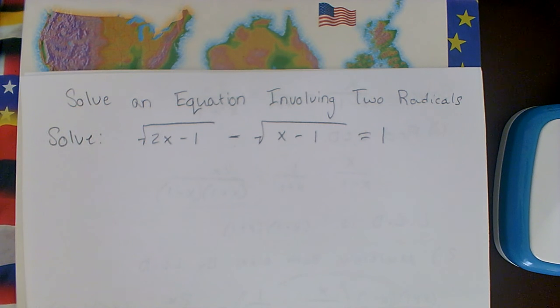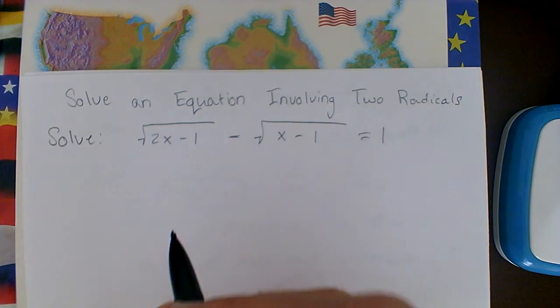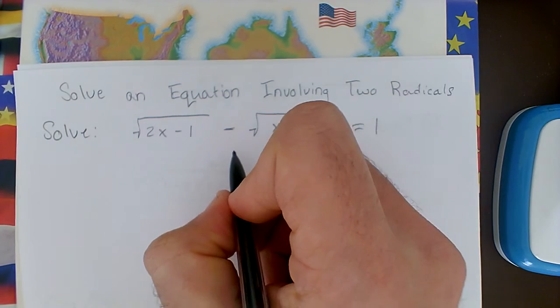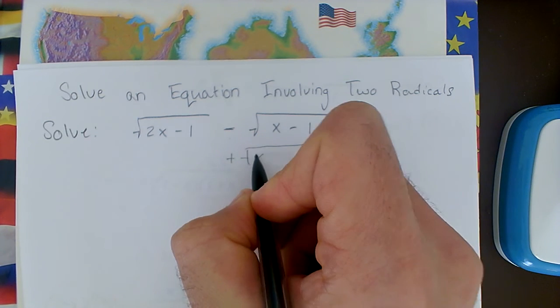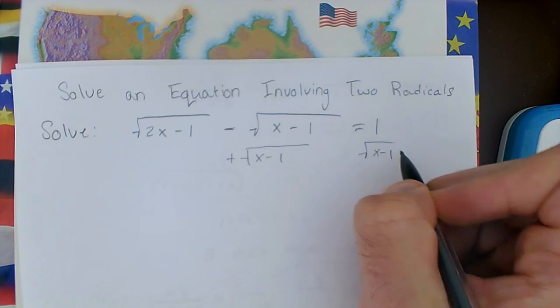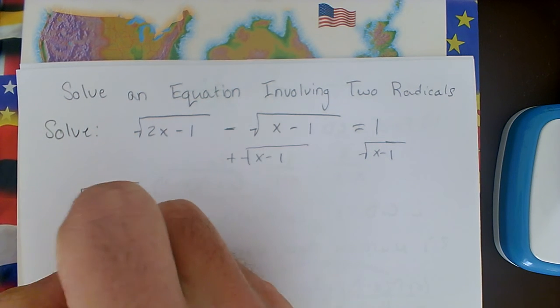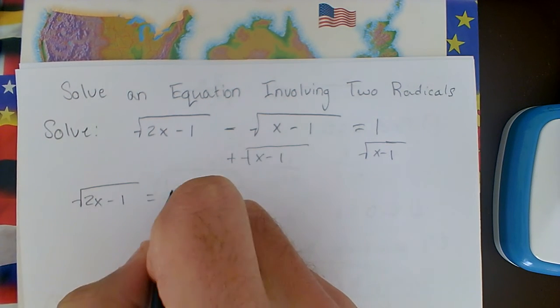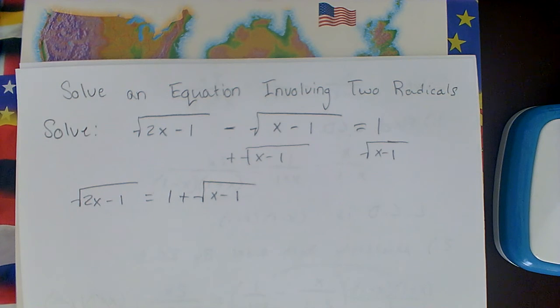So the first thing we should do is isolate one of these. It doesn't matter which one you do, but let's isolate meaning getting it on a side by itself. So I'm going to add the square root of x minus 1 to both sides to get the square root of 2x minus 1 equal to 1 plus the square root of x minus 1.